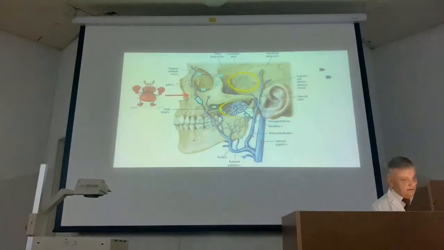And if infection is also in the scalp around the ear, it can reach the pterygoid venous plexus, and the pterygoid venous plexus is connected to the cavernous sinus.